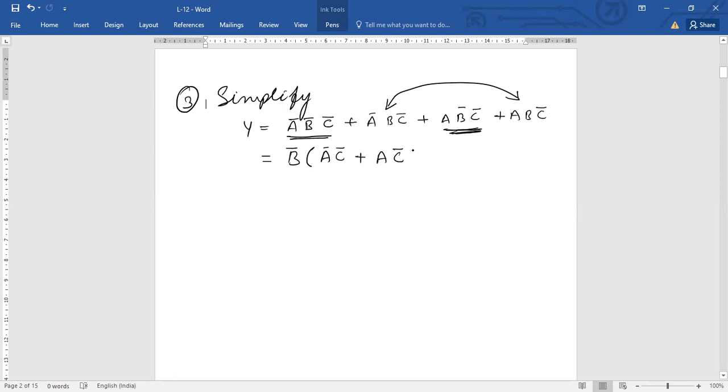Here, instead, we can take another thing common, two variables as common. Here B bar is common, and here B bar is common, and in the first and second terms, A bar is common. So instead of taking that one, we can take the common from these two terms.